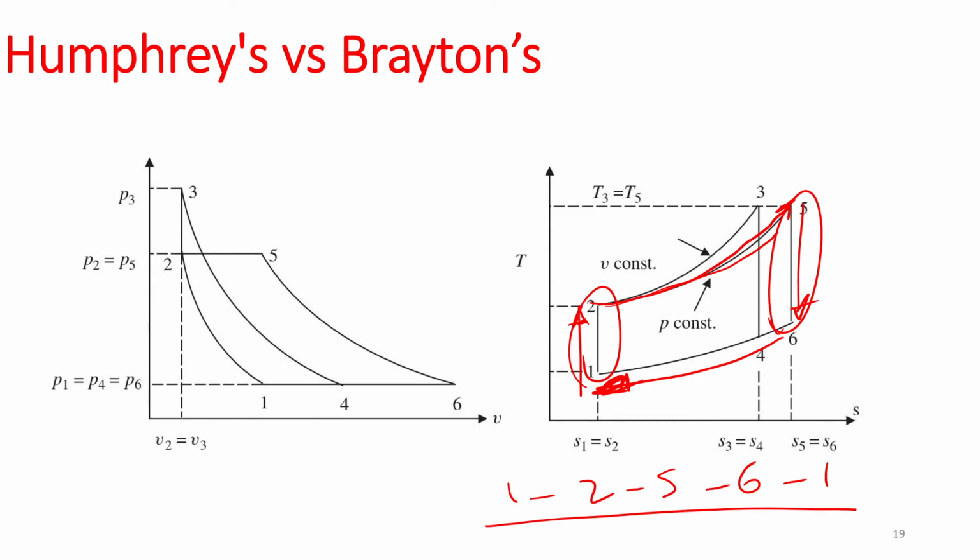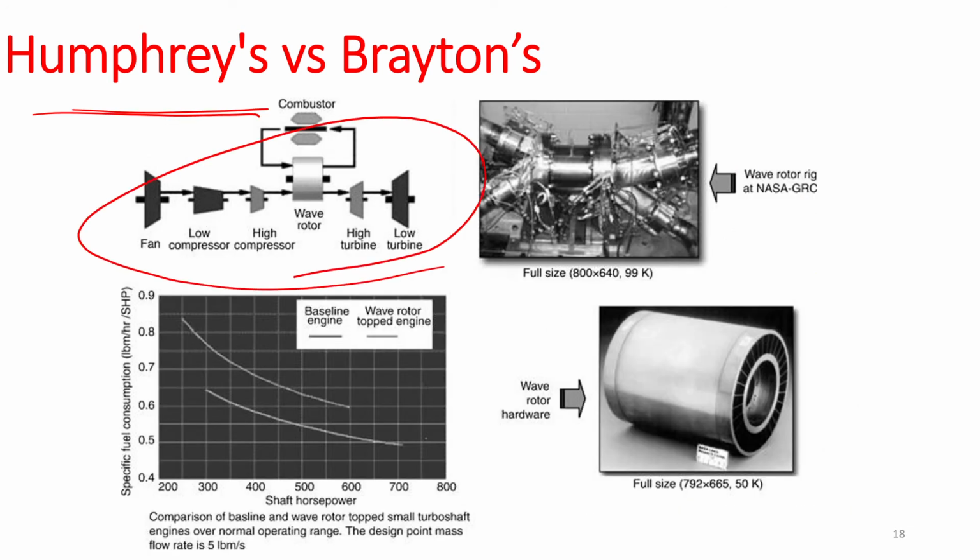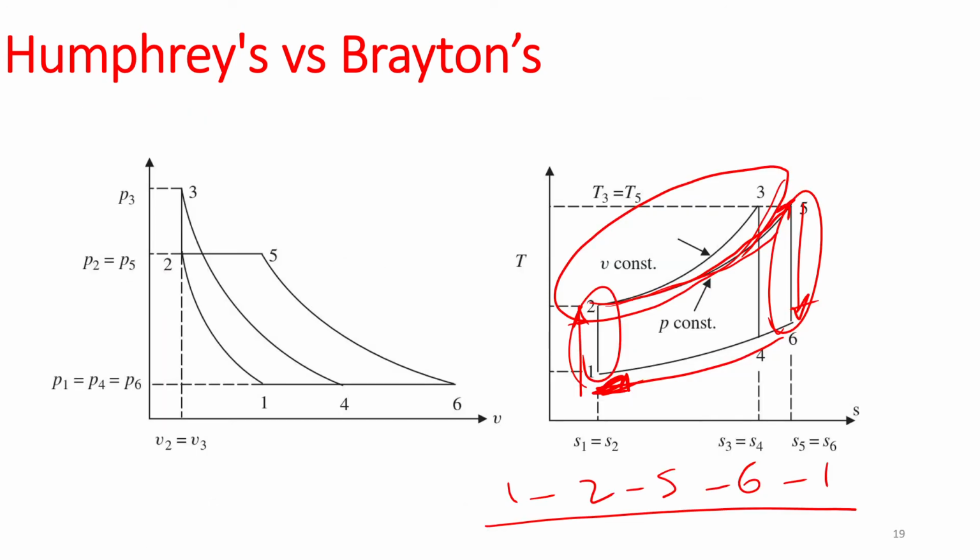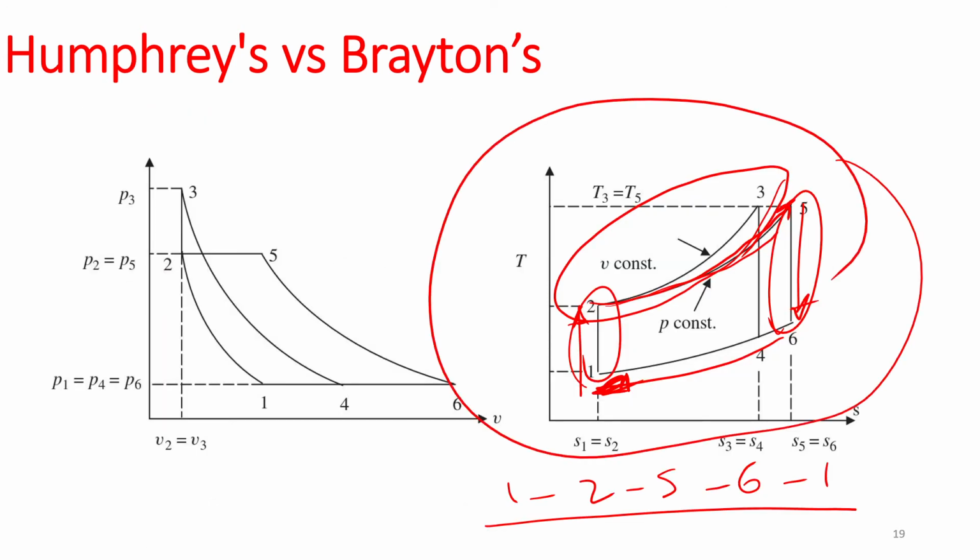What's the difference inside the combustor is that, as you can see here, there are some differences in design. This is a more complicated system. We have 2 turbines, a couple of compressors, and a fan, so this cycle analysis is going to be different.